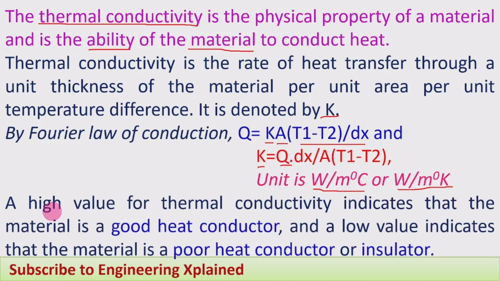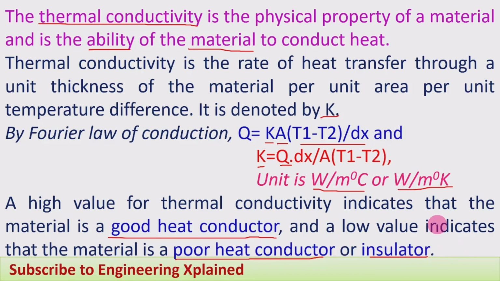A high value of thermal conductivity indicates that the material is a good conductor of heat. It is conducting heat better. And a low value indicates that the material is a poor conductor of heat, or we can call it an insulator.